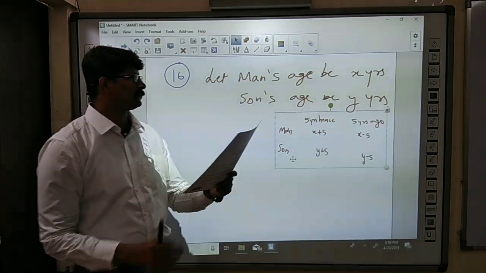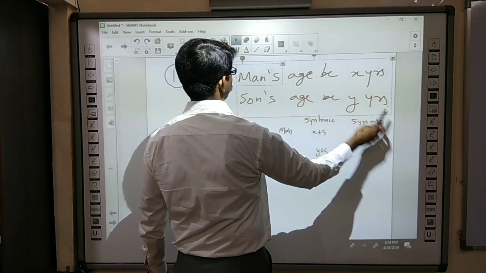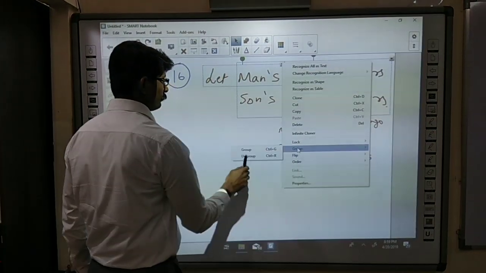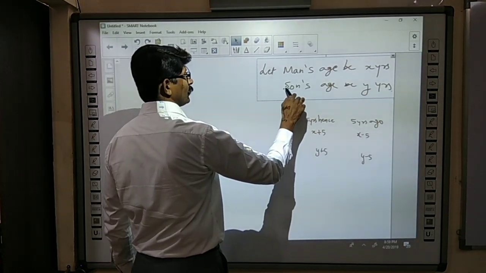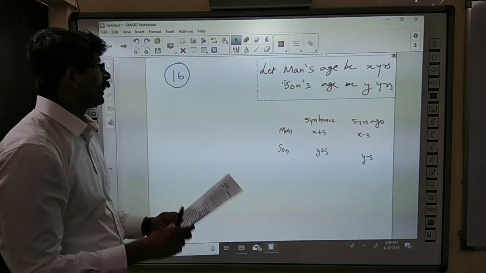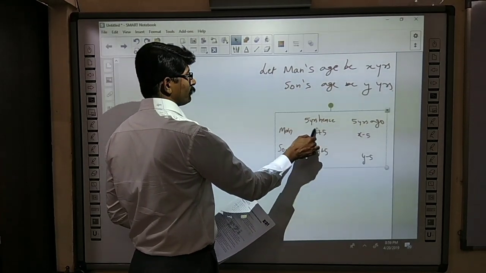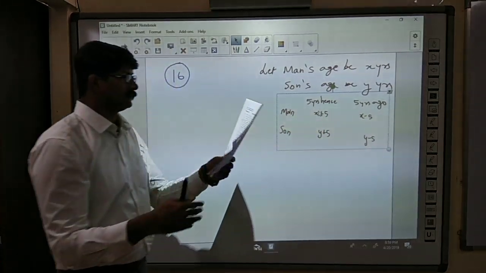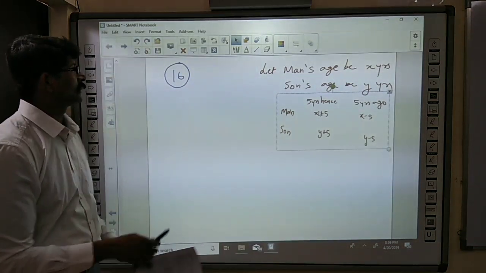And now we'll have to take the cases into consideration. These were the basic workings. We started with the man being x years and the son y years. Now I have to think about how their relation is, how their cases are. 5 years hence would be case 1.